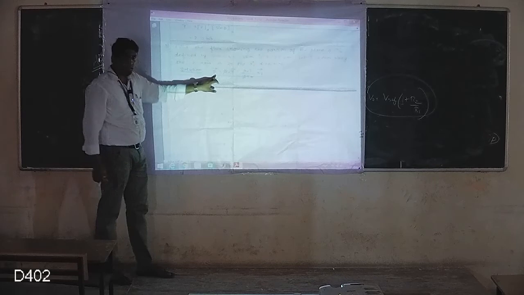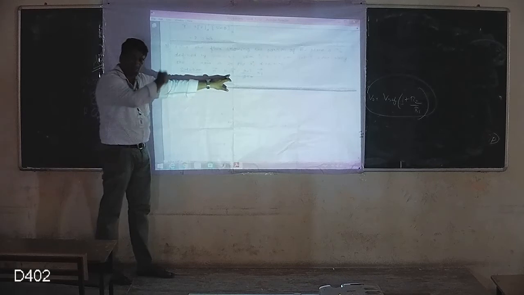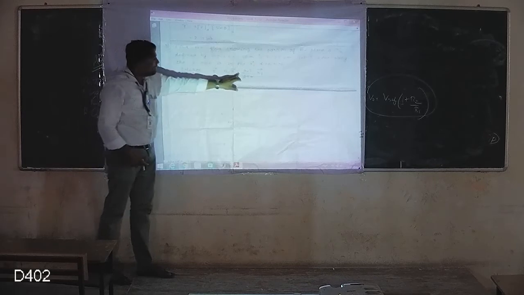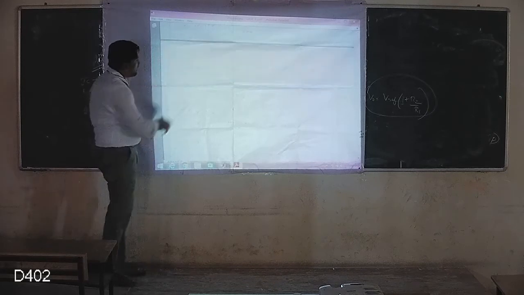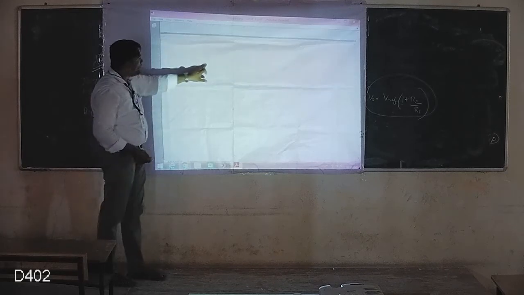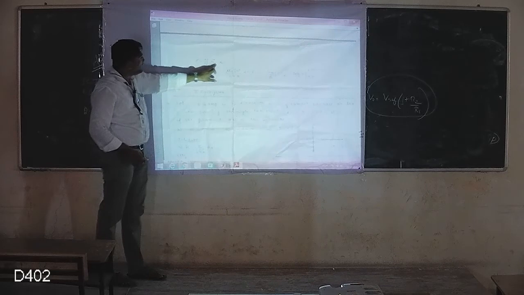I can understand B vector is equal to mu naught H, which we solved in the second case, and H vector is equal to I divided by 2 pi R. So I is given, R is given, and we can do the problem. So psi is equal to the double integral of B vector dot dS.